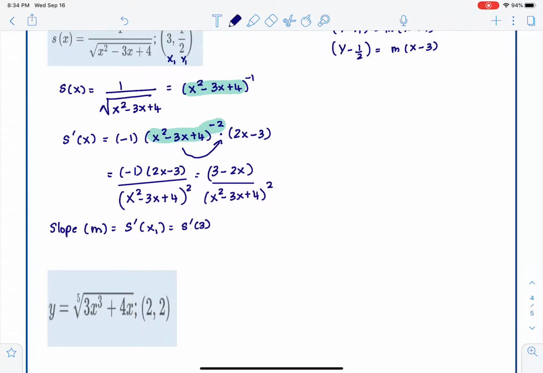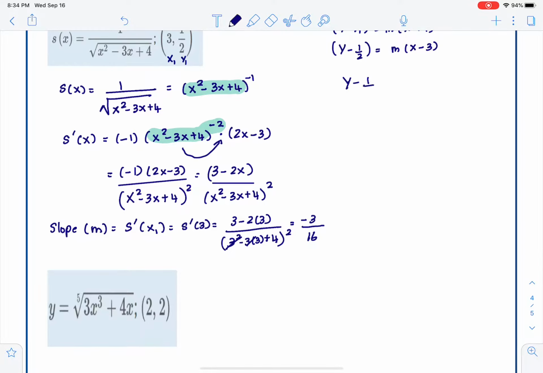So that would give us 3 minus 2 times 3 divided by 3 squared minus 3 times 3 plus 4 squared. 3 minus 6 is minus 3. 3 squared minus 3 times 3 will get cancelled. 4 squared is 16. So we end up having negative 3 over 16 as the slope.